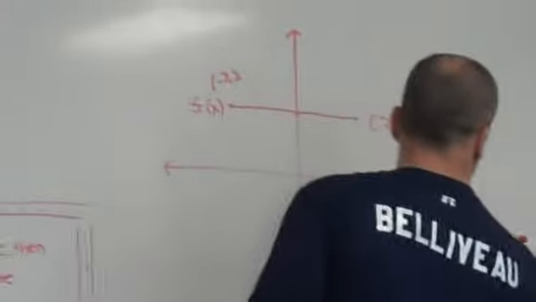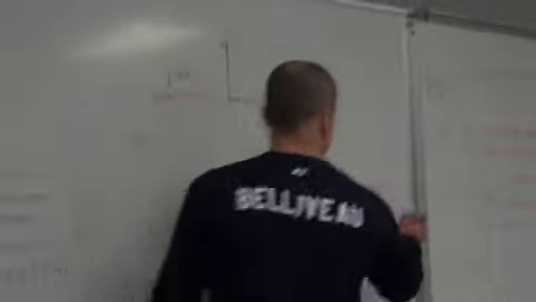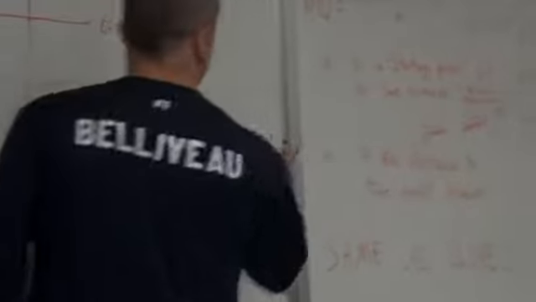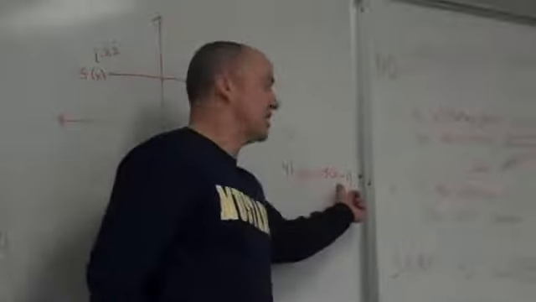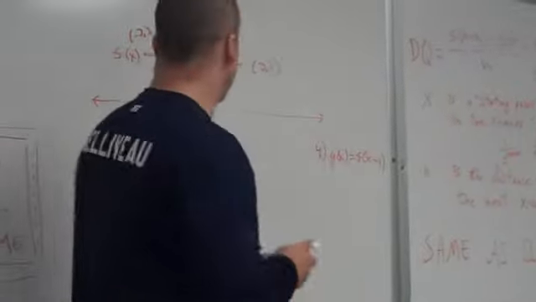Question 4 says graph g of x, which is f of x minus 1 in parentheses. If you have a plus or minus 1 that is snuggled up to the x inside the function, inside these parentheses, then it is a counterintuitive shift left or right.